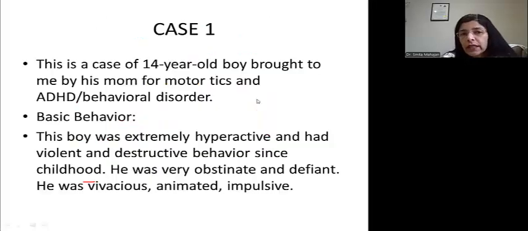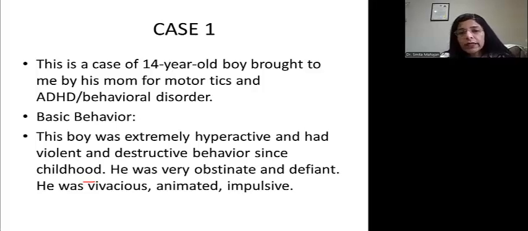So, this is a case of a 14-year-old boy brought to me by his mom for motor tics and ADHD or a behavioral disorder. His basic behavior was that he was extremely hyperactive and had violent and destructive behavior since childhood.